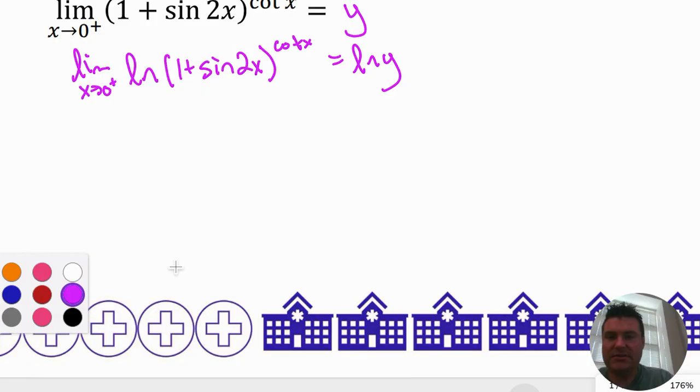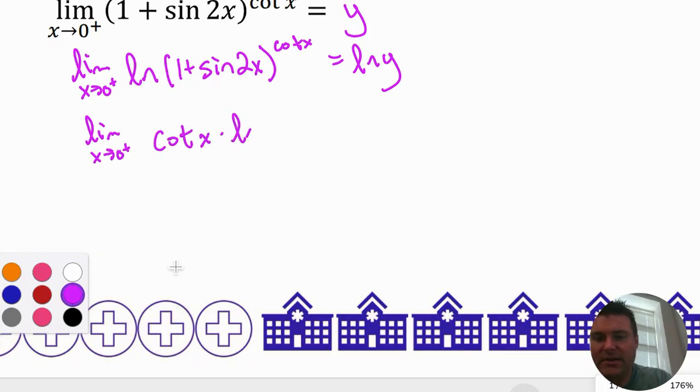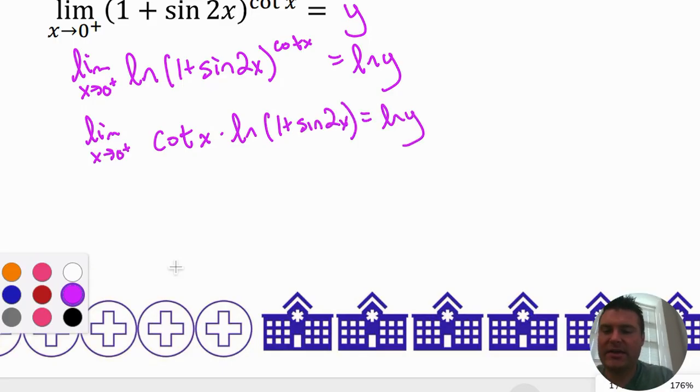So now I'm going to rewrite this cotangent. I get the limit as x approaches 0 to the right of cotangent up front, times ln of 1 plus sine 2x, equals ln of y. Again, that ln of y is just going to carry on through. My answer is y. I will solve for y momentarily. I want to make this into a ratio so that I can use L'Hopital.